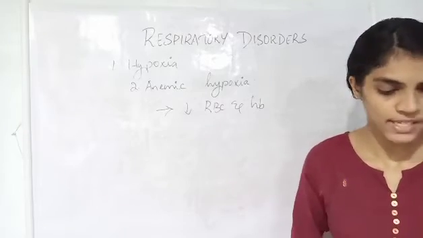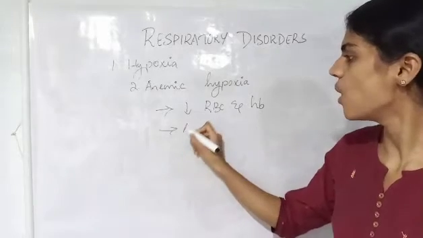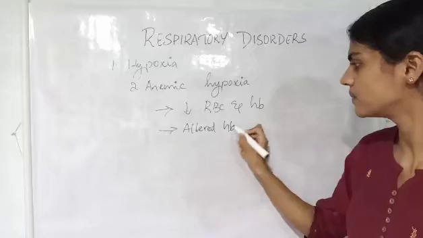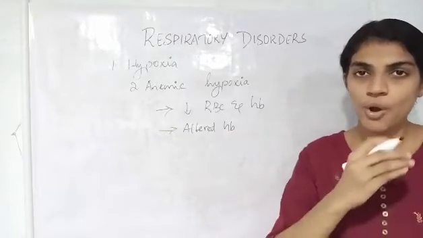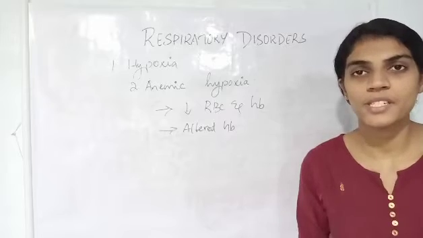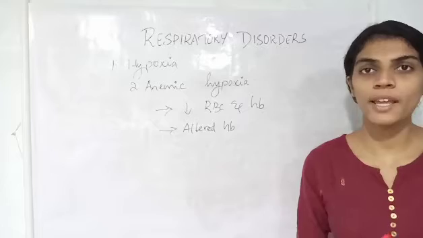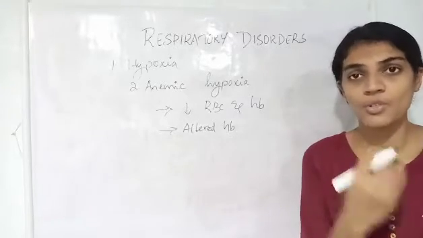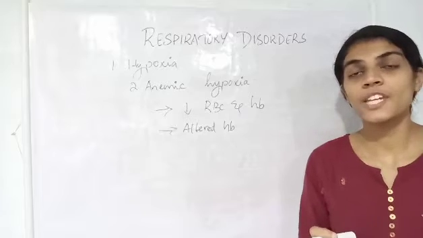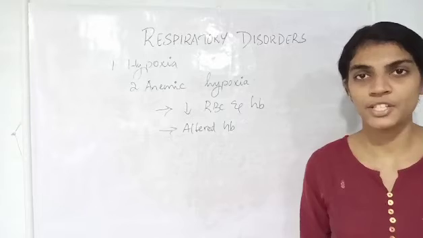And some other conditions like altered hemoglobin. There is a normal amount of RBC, but the hemoglobin in the RBC can sometimes be abnormal. Normal hemoglobin will combine with oxygen, but sometimes this hemoglobin can bind with some other entities like chlorate or nitrate.